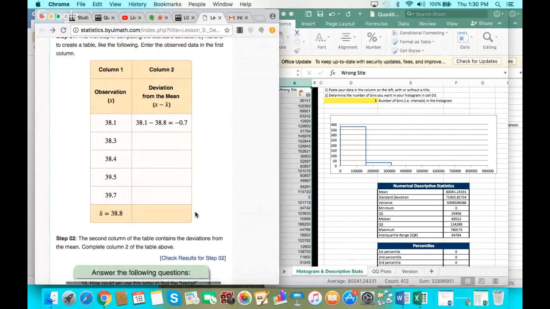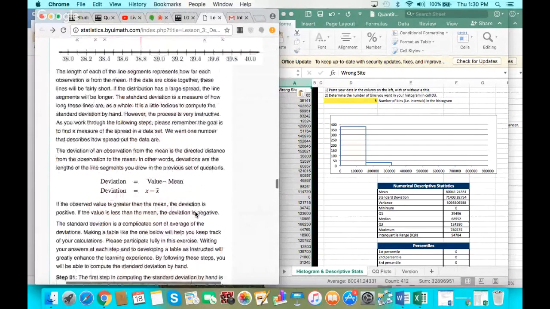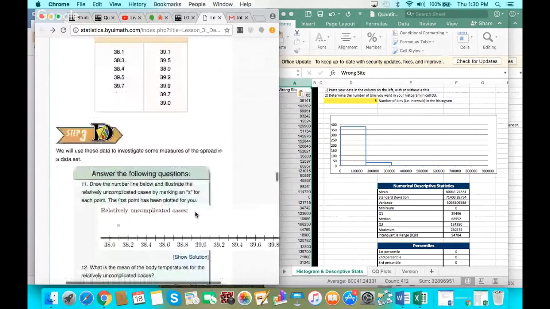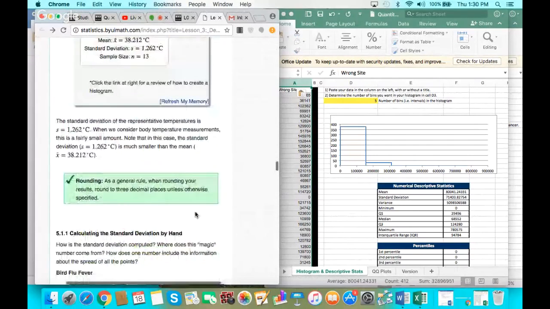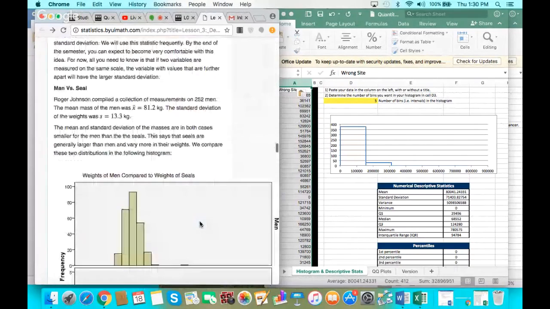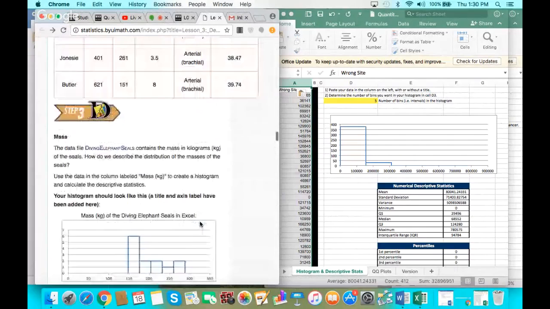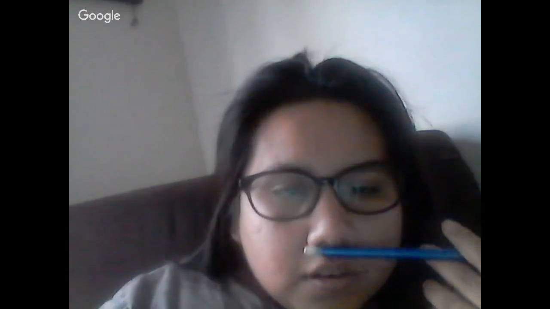I remember seeing the standard deviation at the bottom. I can't find it. I think it's further down.